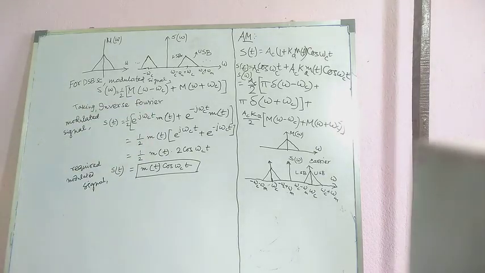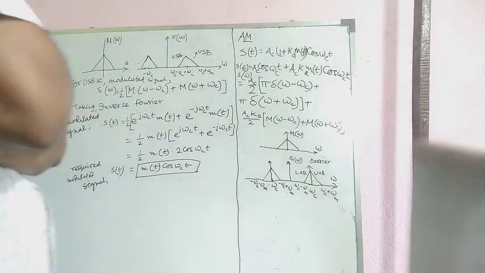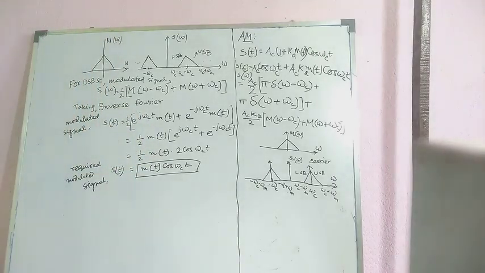Therefore, if we think carefully, what we notice is that if we divide the total amplitude modulated signal, we see two parts: sidebands and another is carrier.